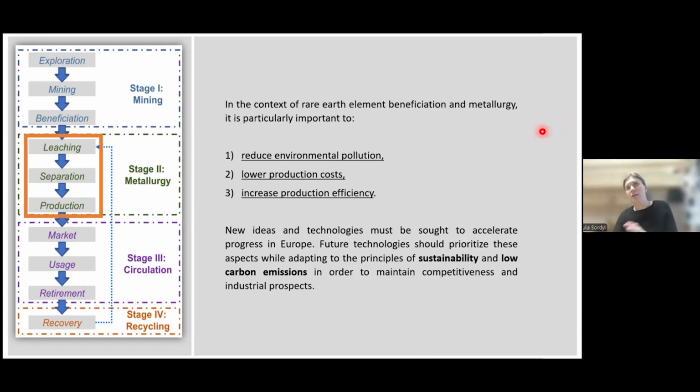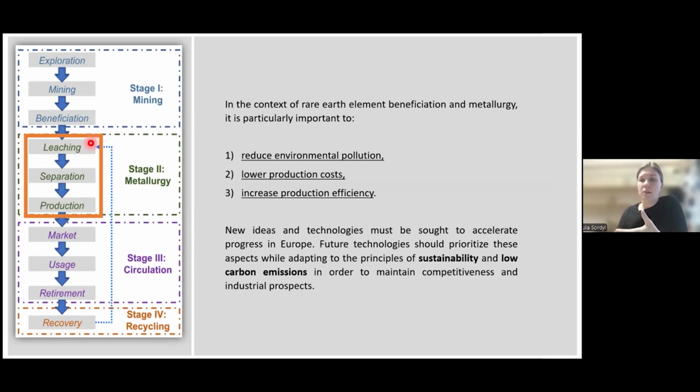So, to conclude this part of the presentation, in the context of beneficiation and metallurgy of REs, it is really important to reduce environmental pollution, to lower production costs, and to increase production efficiency. And new ideas and technologies must be sought to accelerate progress in Europe and in other continents as well.